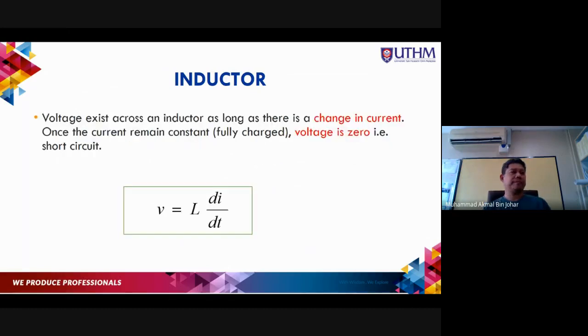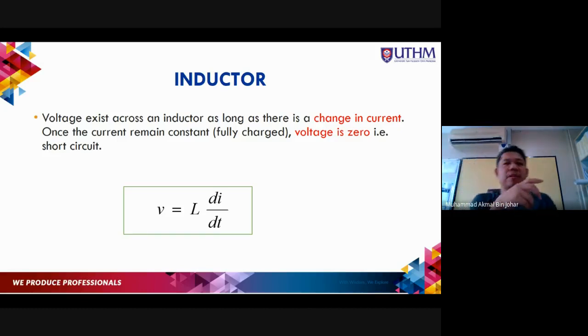So next, voltage exists across an inductor as long as there is a change in current. Once the current remains constant, or fully charged, in this situation the voltage will be zero.